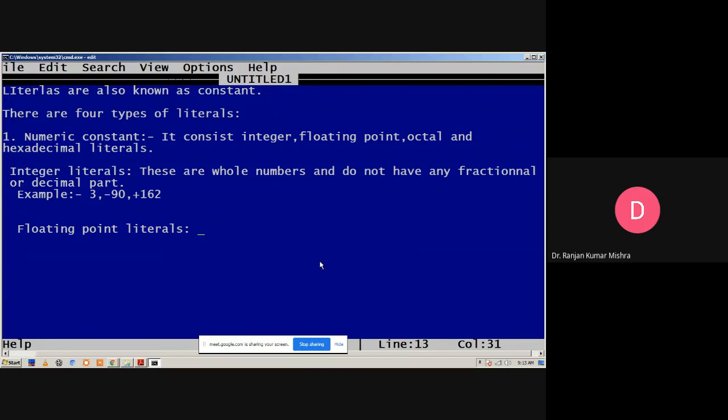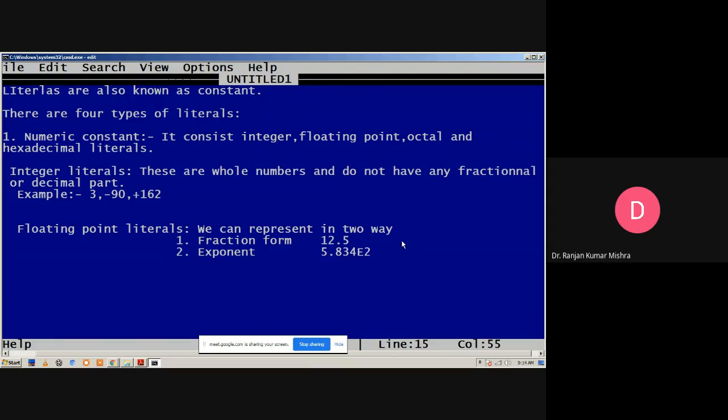When we discuss the exponent form, we can write 5.834e2, where e indicates 10, that means 5.834 times 10 to the power 2.